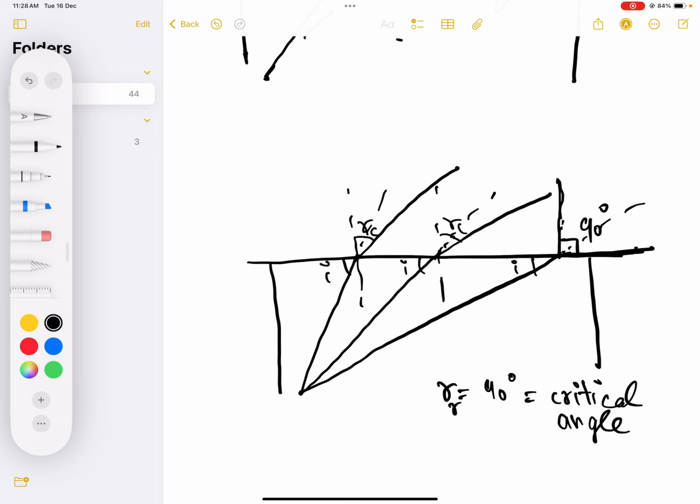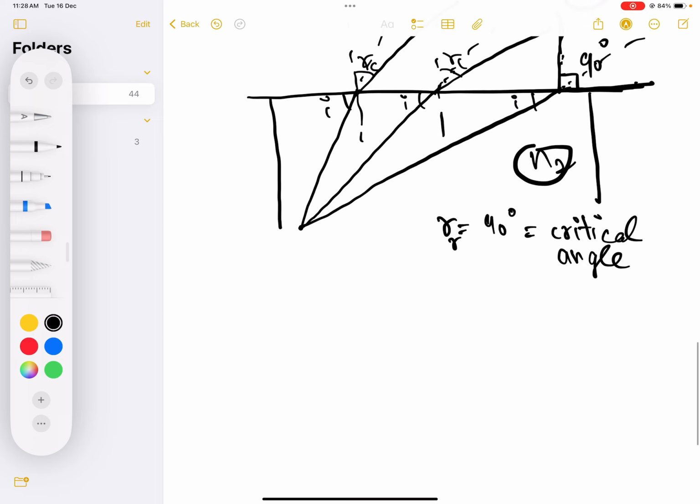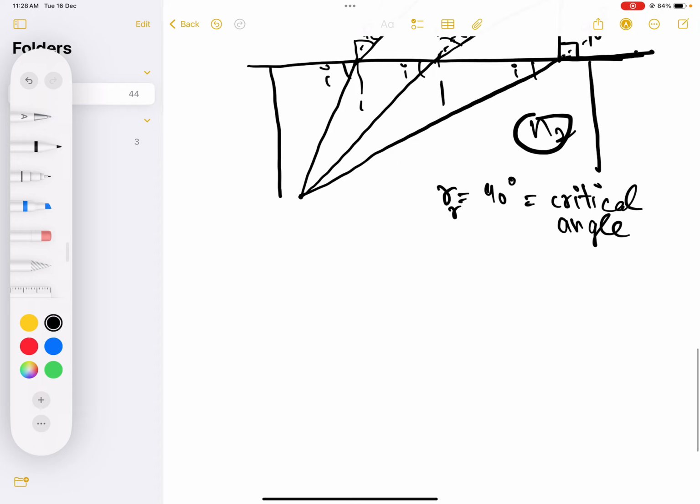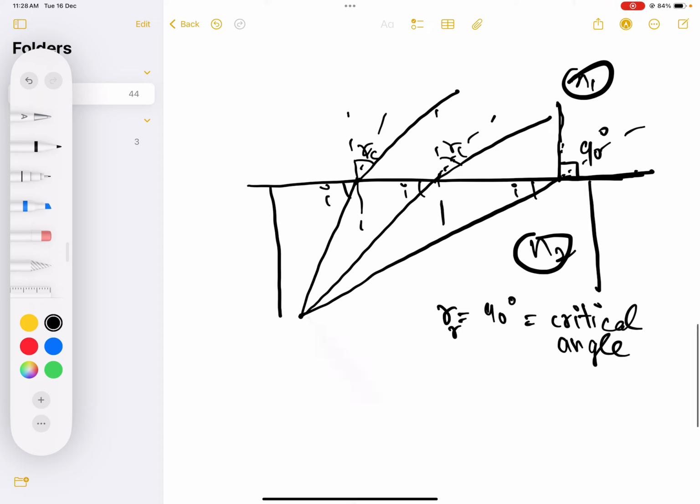At this angle, the ray becomes flattened along the surface of the interface where the rarer medium and denser medium are separated. For any angle greater than the critical angle, the wave would be reflected back into the same medium. This process is known as total internal reflection.